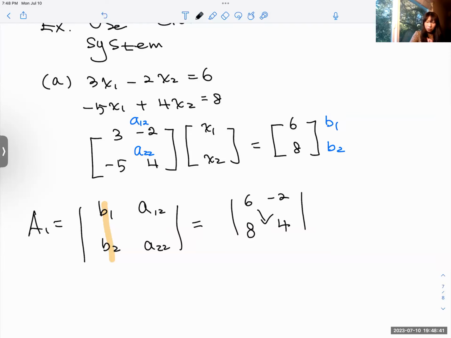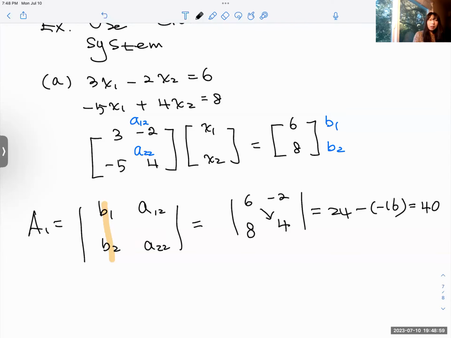Okay, so we multiply this way. So this will be 24 minus negative 16. What do you get? It's a positive 40.